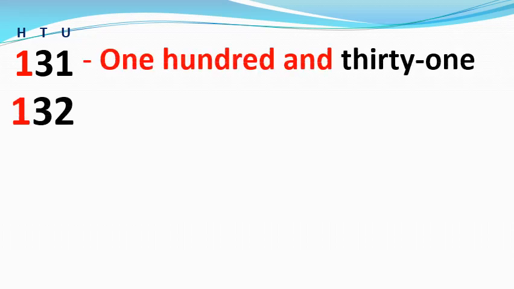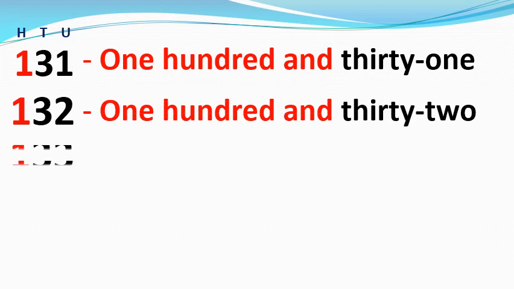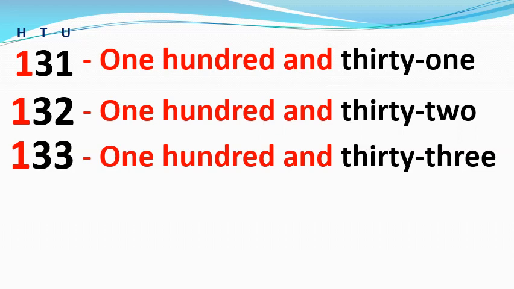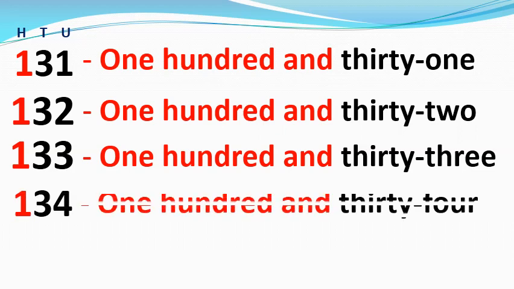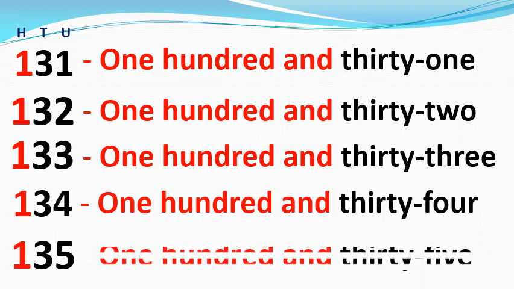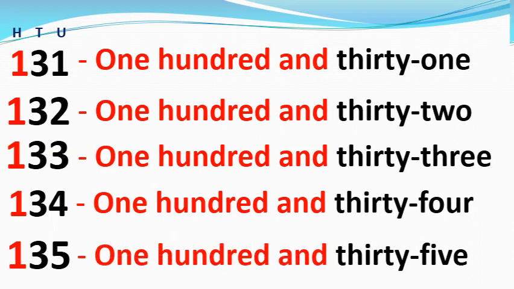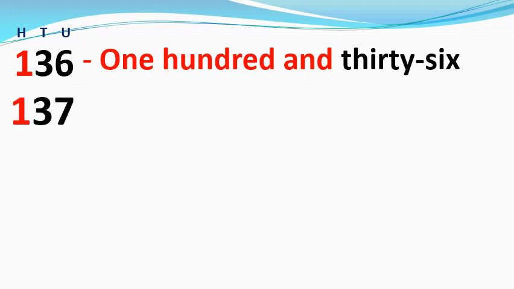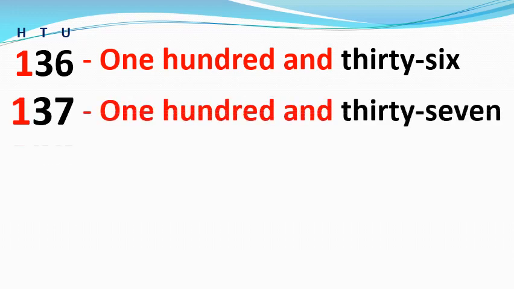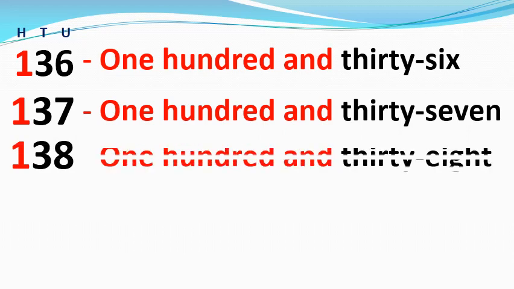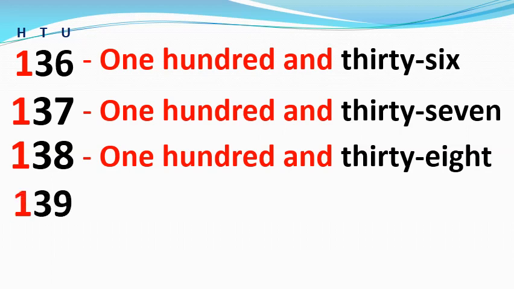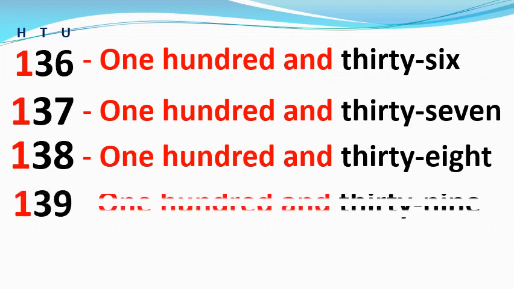Next slide, and the next number is 131, that is 131. 132 is 132. 133 is 133. 134 is 134. 135 is 135. 136 is 136. 137 is 137. 138 is 138. 139 is 139.